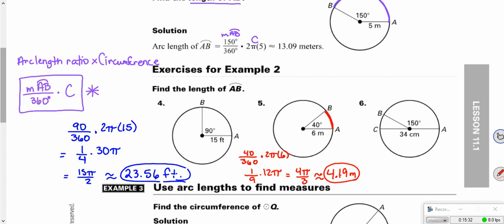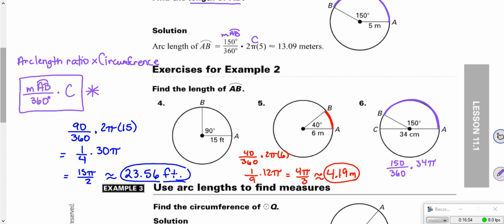Okay, last one here, number 6 on this part. So here we're finding arc length of AB, that purple shaded arc. So that is 150 over 360 times, here they give us the diameter, so it's just 34 pi.